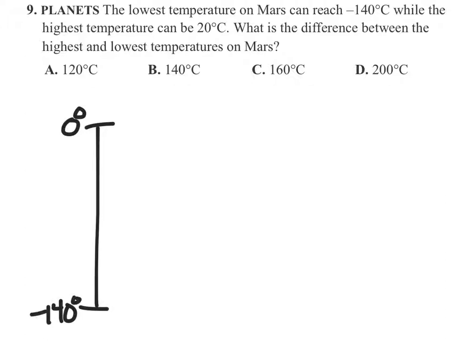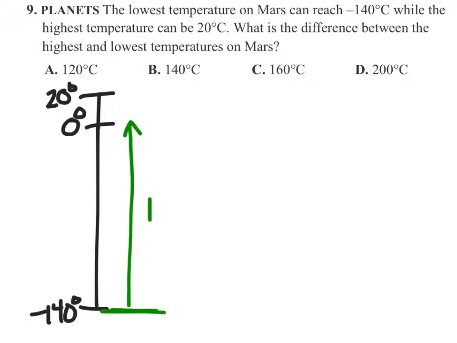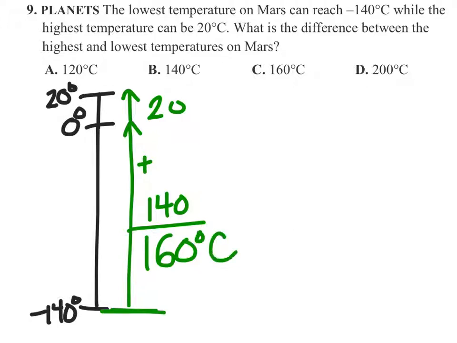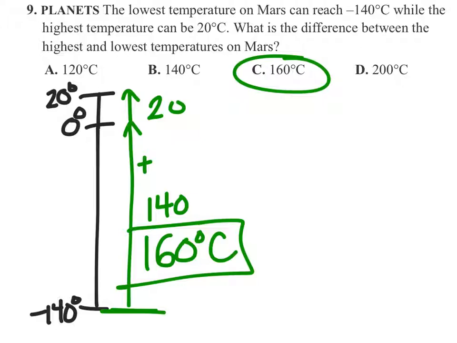That would give us the lowest. The highest, though, is 20 degrees. So what's the difference? Well, if we went from 140 to 0, that's a change of 140. And then we'd have to go up another 20 degrees right here. So we have to add these two to find the difference between them, which would be 160 degrees Celsius. C.